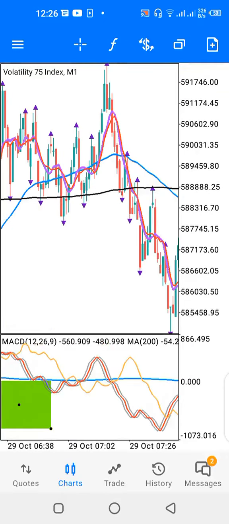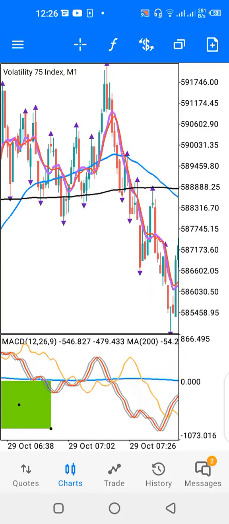I've got a strategy here that you can use to scalp V75. This strategy applies to all volatility indices, and you can use it to trade forex at the same time.